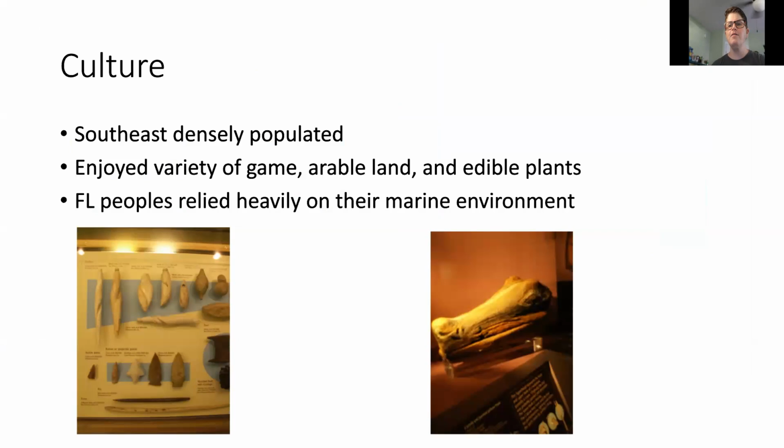And again, the Southeast is densely populated, so there's several different cultures, even though they may have similarities. Southeastern Indians generally enjoyed a variety of game.